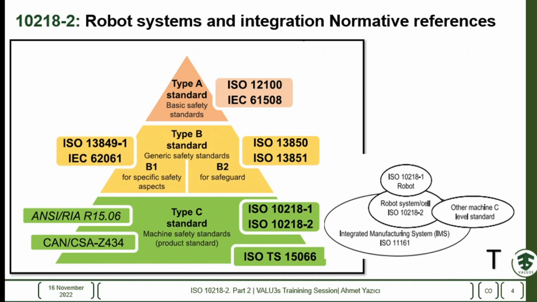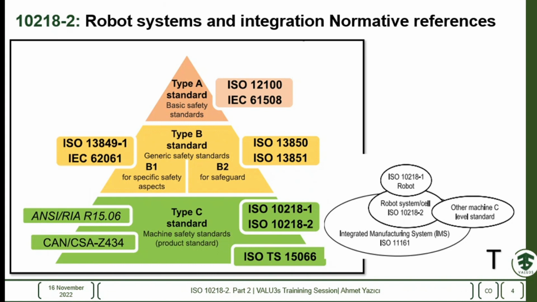Before starting, as you see, this standard is under the category of Type C standards in this area. I want to give an overview of the place of this standard and its relation with other ones. As mentioned before, this standard is created for industrial robots and robot systems. Part 1 focuses more on the industrial robot itself.